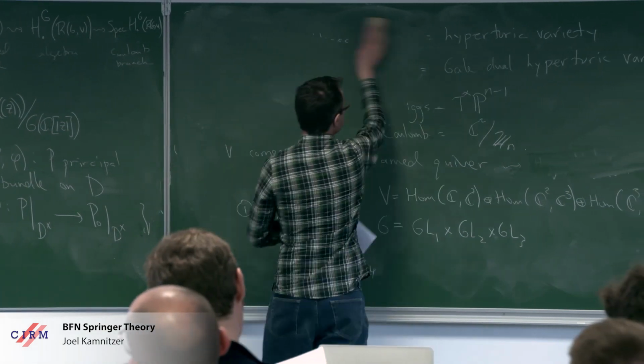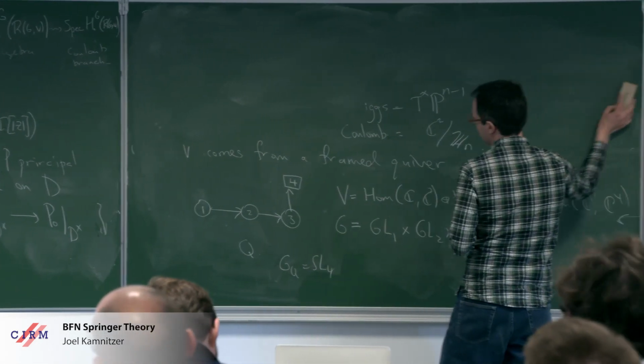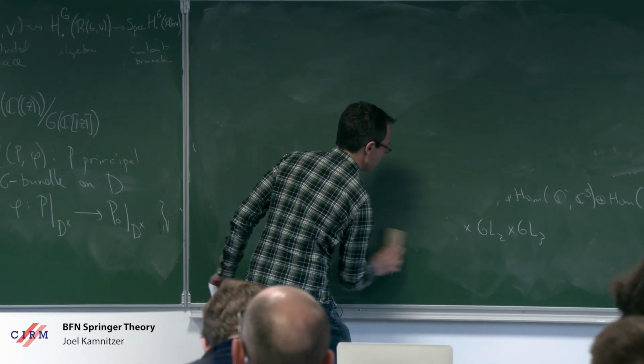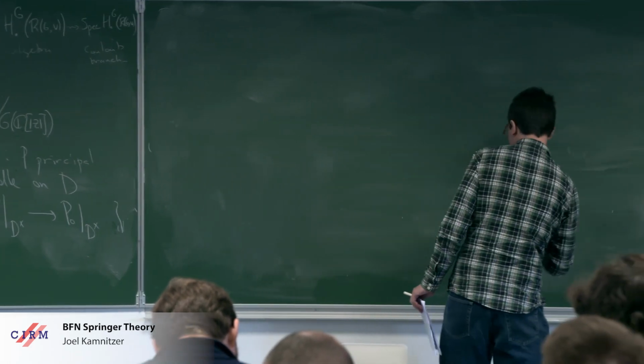So this space R_GV that we're going to end up taking the homology of to make our Coulomb branch algebra is going to be built on this affine Grassmannian as follows.